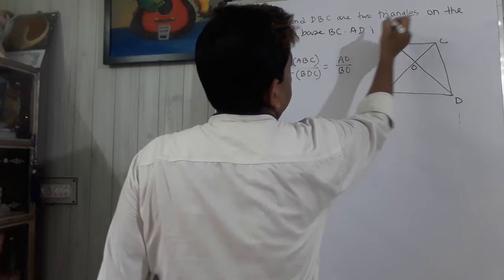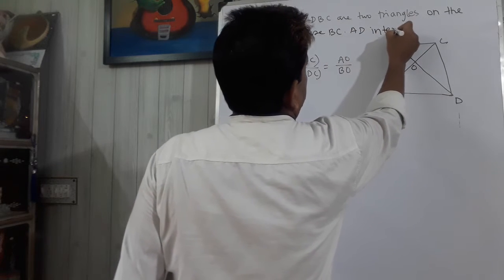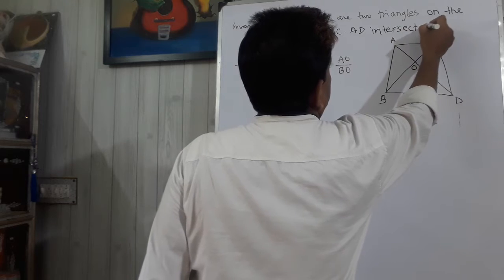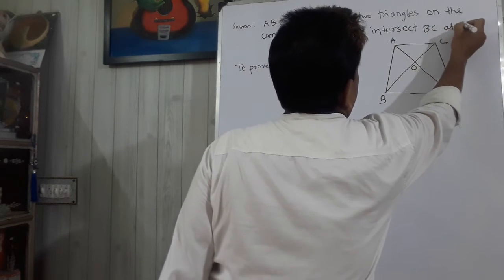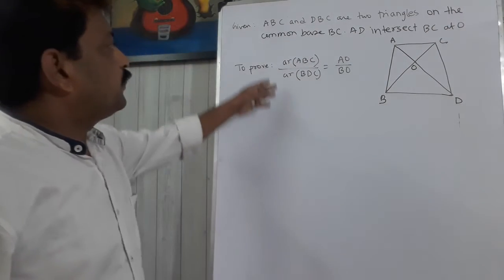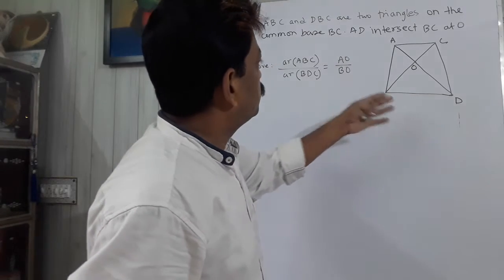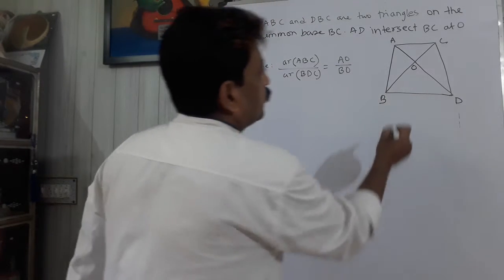AD intersects BC at O. We have to prove area ABC upon area BDC equals AO upon BO.